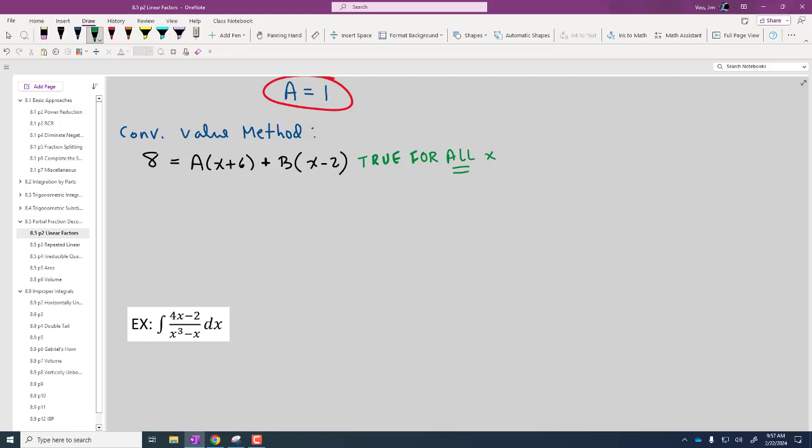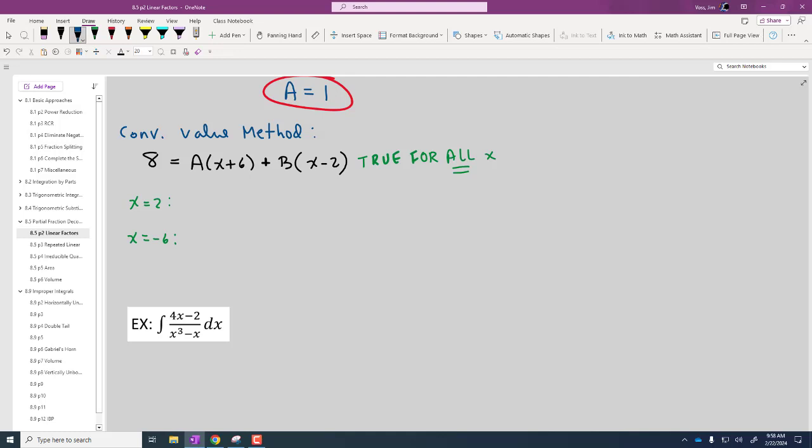Well, if it's true for every x, in particular, it's true when x is 2 and when x is -6. So we're going to choose a couple of x values that will reduce this tremendously, and let's see what happens when we plug those in.